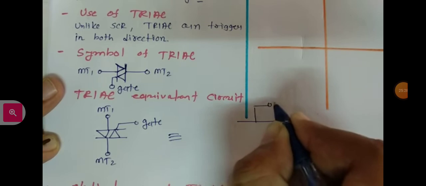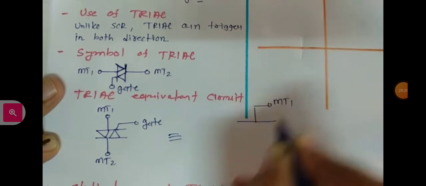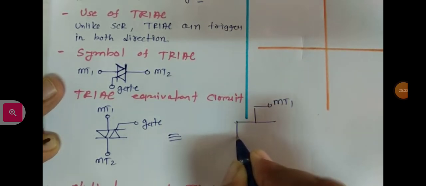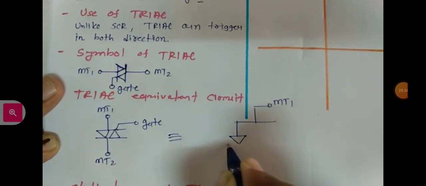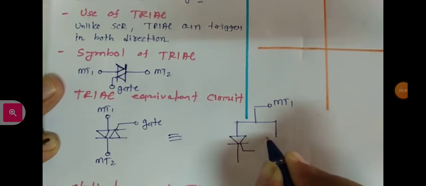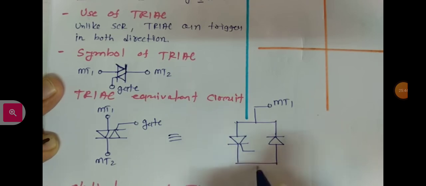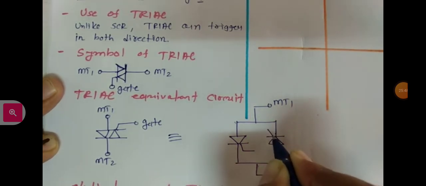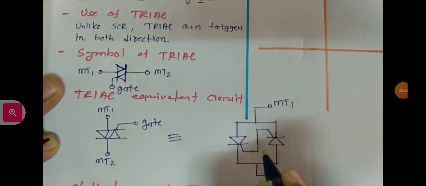This is MT1, and of the two back-to-back SCRs, one SCR is connected like this and the other SCR like this. This is MT2, and the gates of both SCRs are connected.